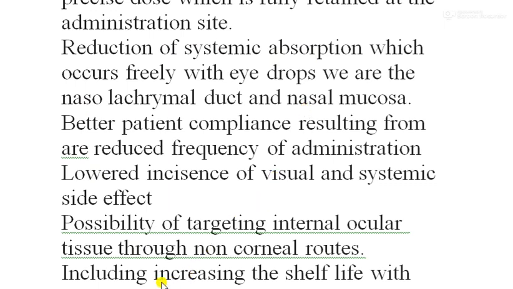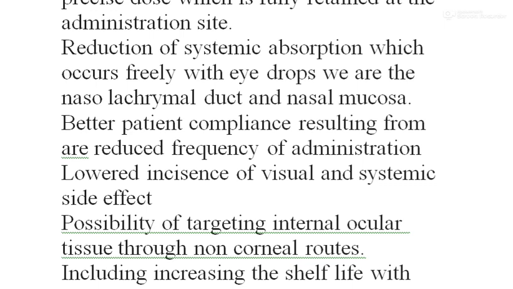What happens in the case of reduced systemic absorption? In systemic absorption, drugs directly administered as a solution or semi-solid preparation can enter the nasolacrimal duct and then the systemic circulation.